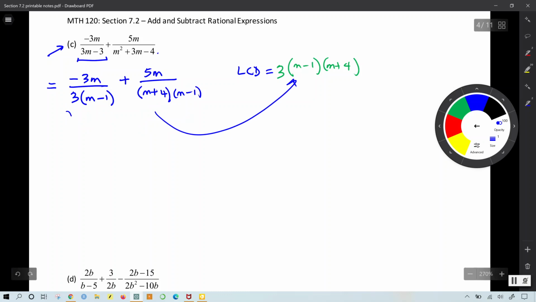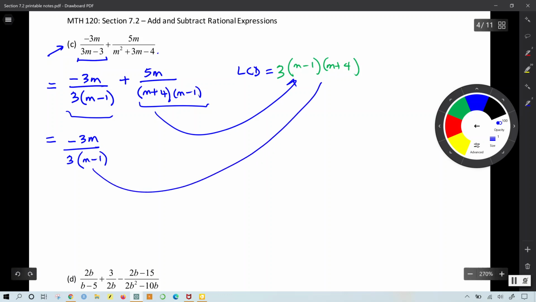Do you think each fraction needs help? I would say yes. So let's begin. Let's help it out. You have currently negative 3m divided by 3 times m minus 1. Well, you observe that if we compare these two, this particular fraction, to catch up with the LCD, needs an extra m plus 4 component.